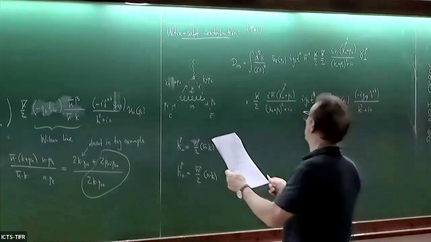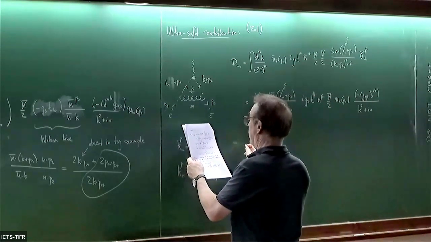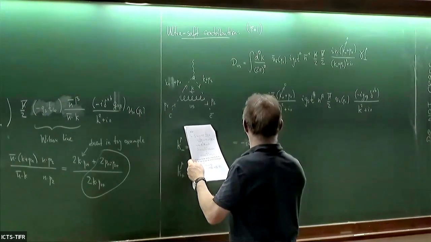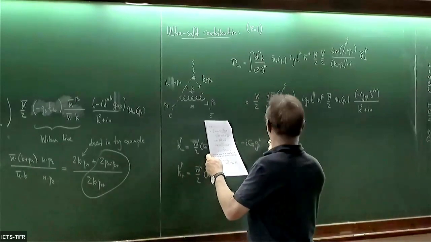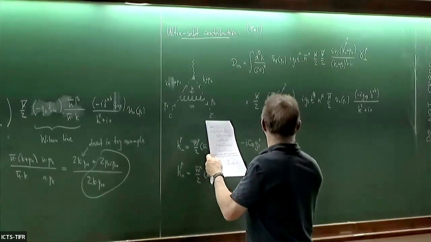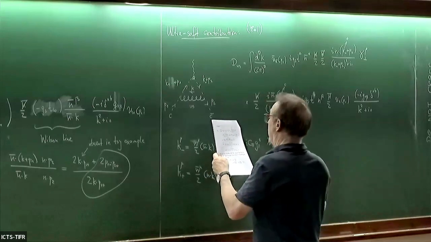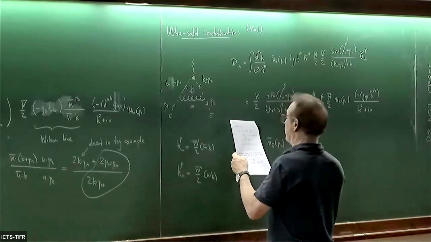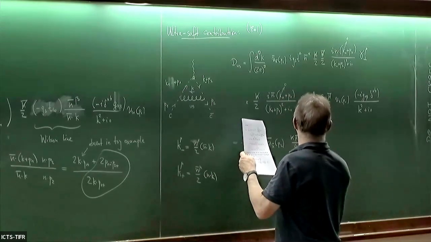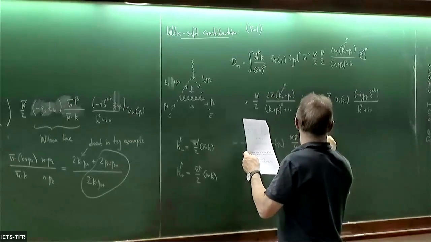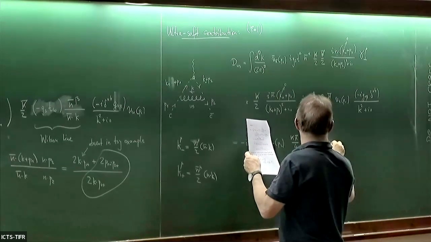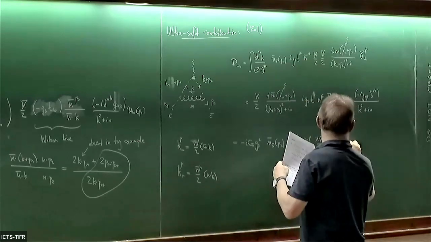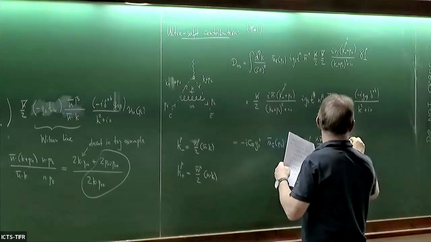So now if you collect all factors, you get minus i C_F g_s squared, u n bar of P2, now a bunch of n slash matrices, n slash over 4, gamma mu perp, n slash over 4 times u n of P1, times n dot n bar, which again is 2.